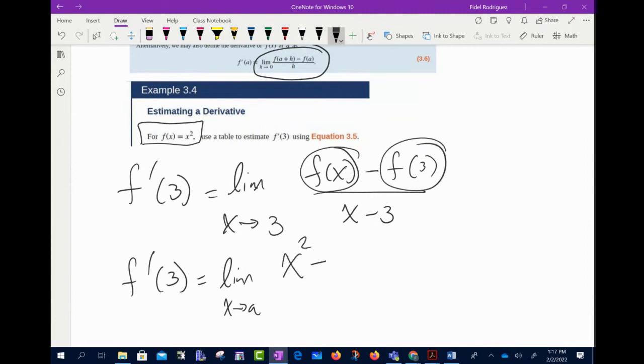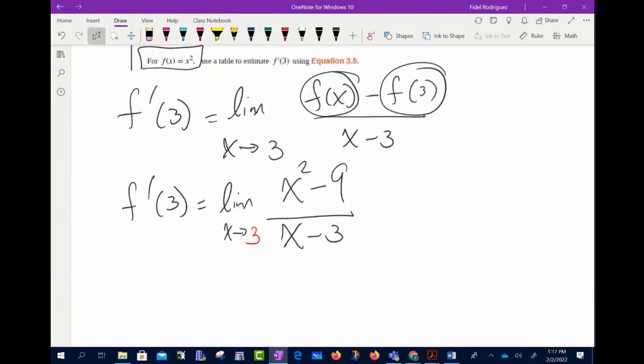Do you remember what f of 3 would be equal to? If you plug a 3 into that function, what would you end up with? 3 squared, 9. Good. All over x minus 3. I'm sorry, this is supposed to be a 3 down here. That's my bad. So what we're going to do, y'all, is make a table.